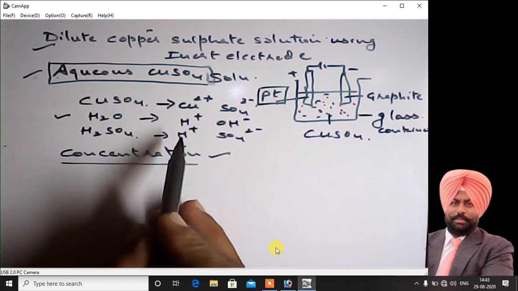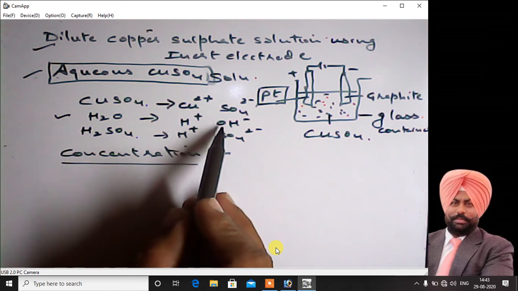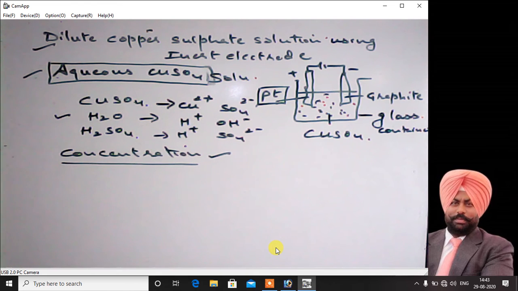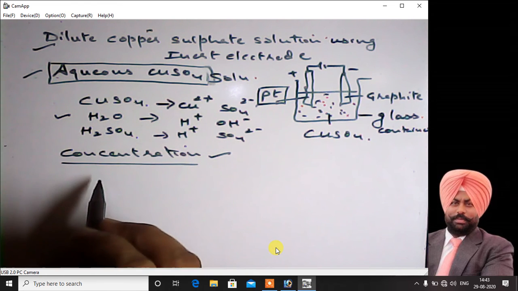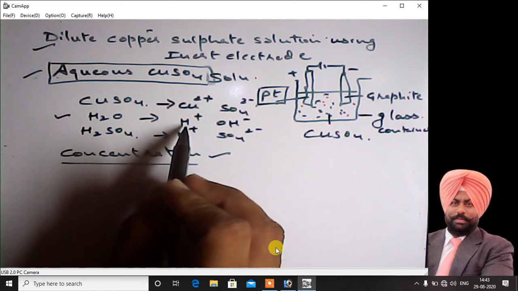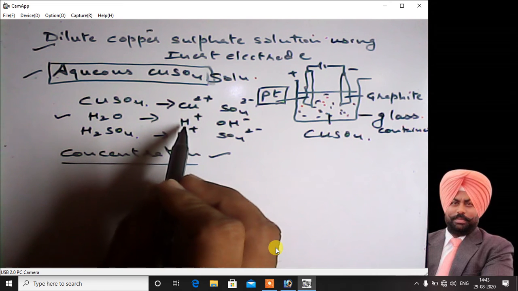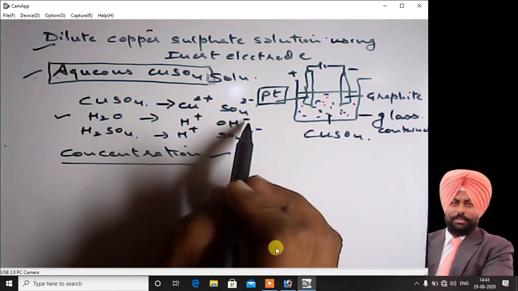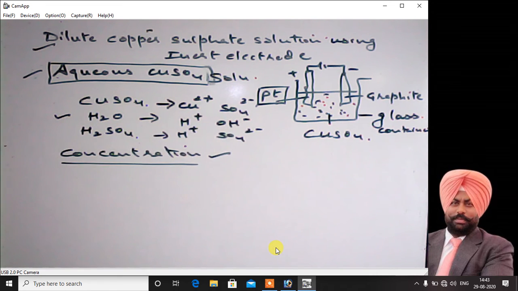So here we will see, since the concentration of H positive and OH negative is more, therefore this H positive will move towards cathode and OH negative will move towards anode, and there they will become neutral.